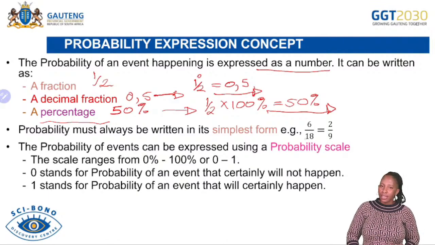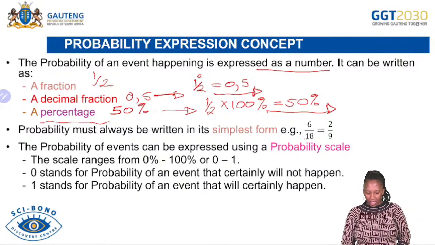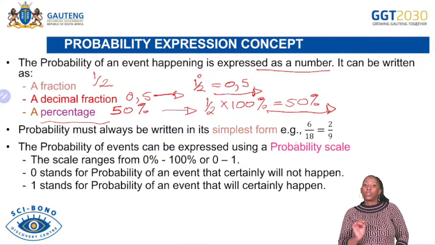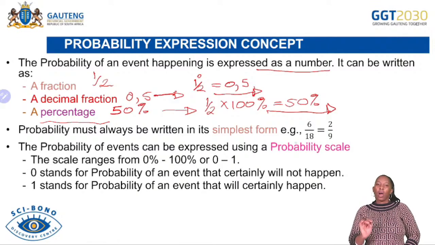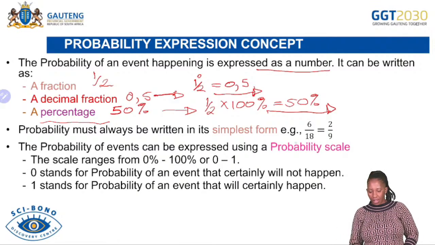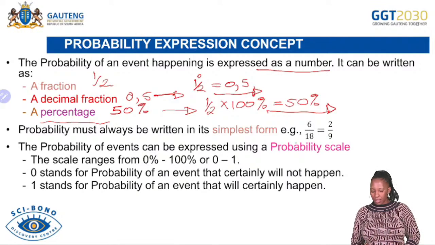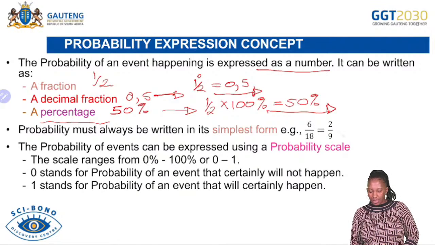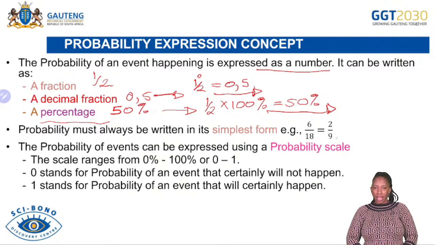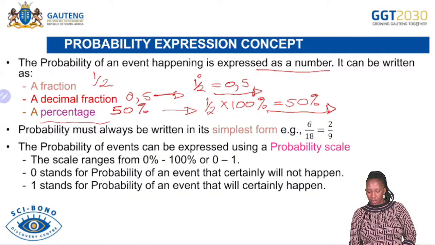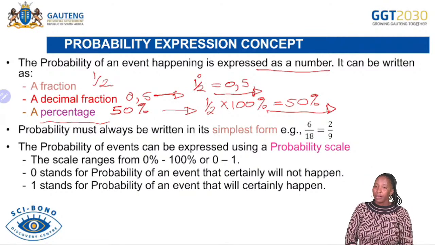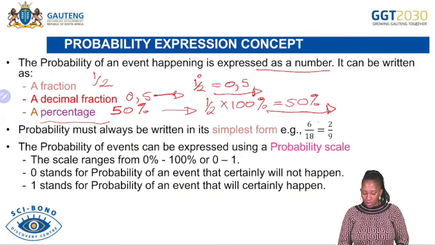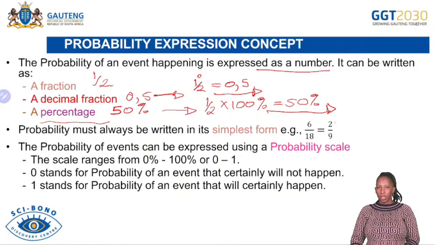You can leave your answer like that as the fraction 6/18, but you have to simplify it further. Leave it in such a way that you are not able to simplify it further. You leave it in its simplest form. Like 6/18 is the same as 2/9, because 3 goes into 6 two times, and into 18 it goes 9 times. So that's what you are doing.